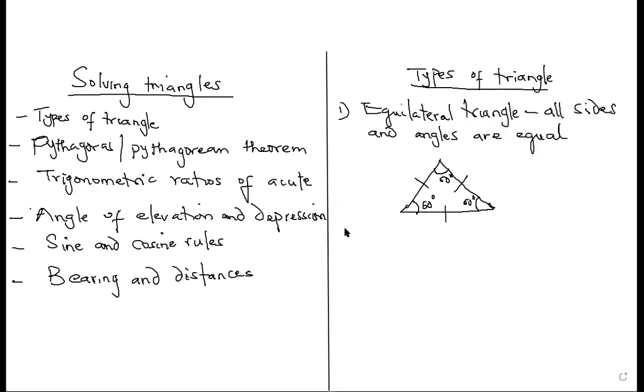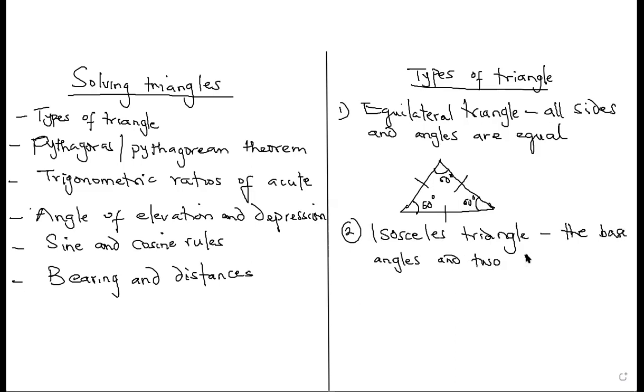Then the second type of triangle is isosceles triangle. For isosceles triangle, we have the base angles and two sides equal.